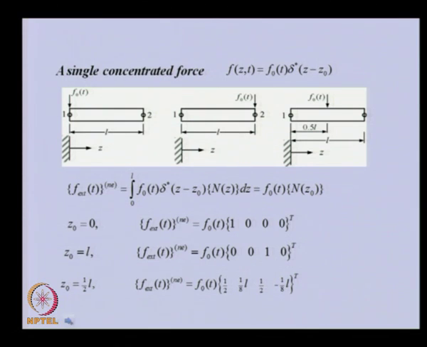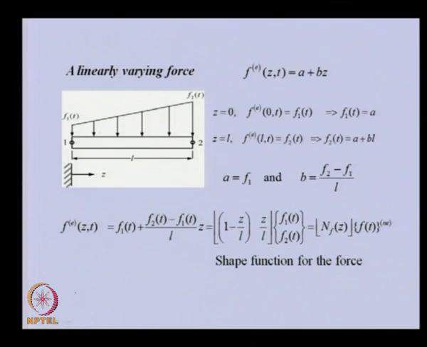that it is more accurate and is not based on the lump force analysis. Another case: let us say the force is linearly varying like this, with amplitudes given. Because it is linearly varying, let us express the force as a linear polynomial where A and B are constants to be found from the end conditions of the force distribution. At z is equal to 0, the amplitude of force is F1, so if we substitute here, we get A is equal to this.